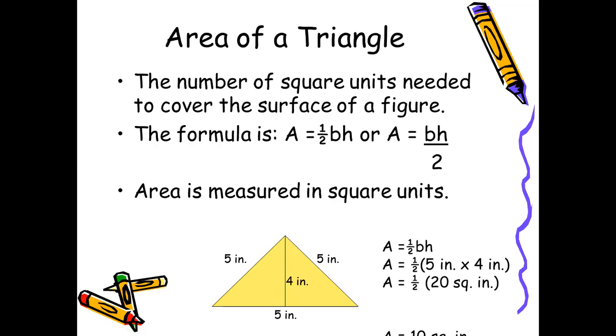Half of 20 is going to give you 10 square inches. So the area is going to be 10 square inches. Or you can do the same here. Base is 5, height is 4. So 5 multiplied by 4 will give you 20. 20 divided by 2 will give you 10 as well.